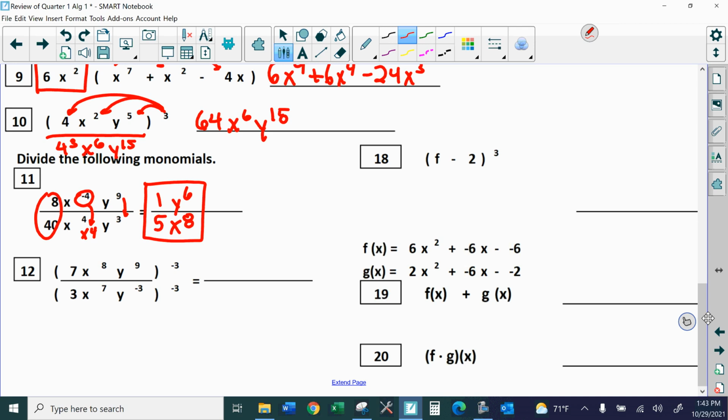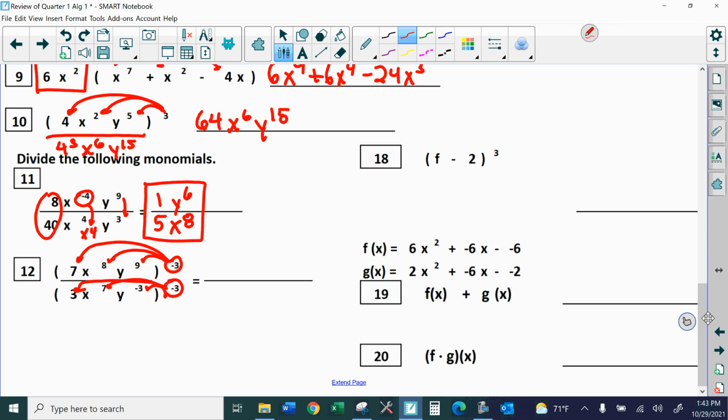Okay, so notice we have negative exponents on the outside. To make the negative exponent positive, I would switch it if I want to make them positive right away. I can also just distribute the negative 3 through here like we did before. So there's two ways of doing this.